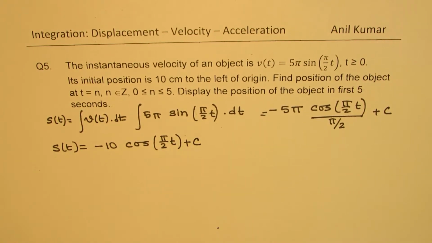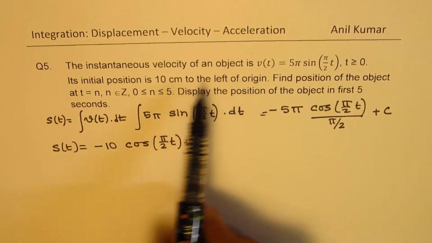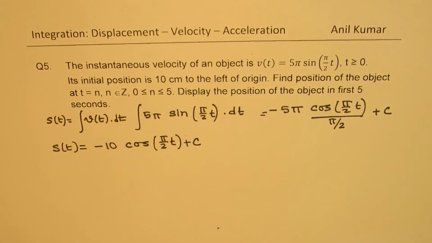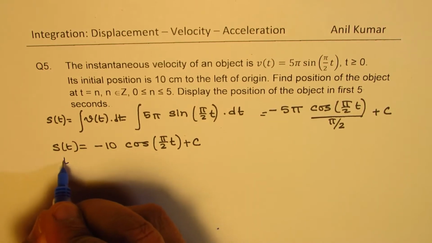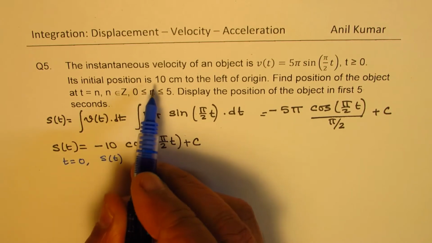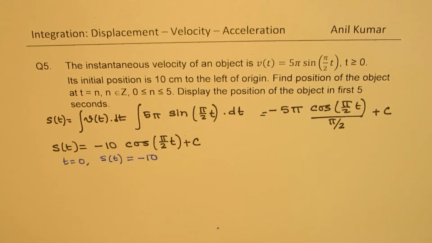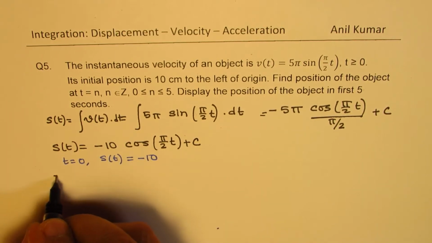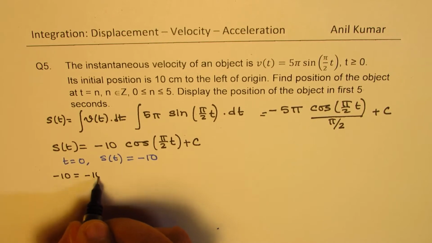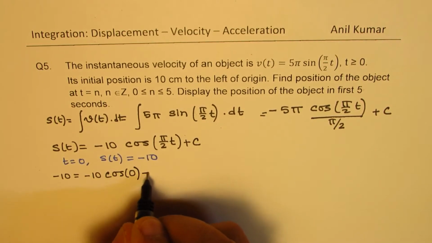Now it says its initial position is 10 centimeters to the left of origin. So that really means at t equals 0, s of t, 10 centimeters to the left, is equal to minus 10. So we'll substitute this value. We get minus 10 equals minus 10 cos of 0 plus c.